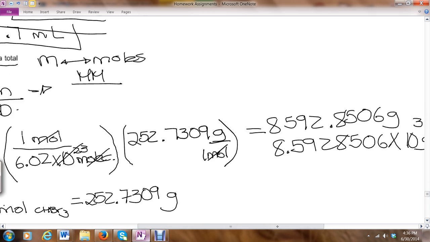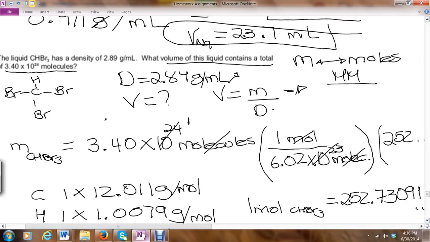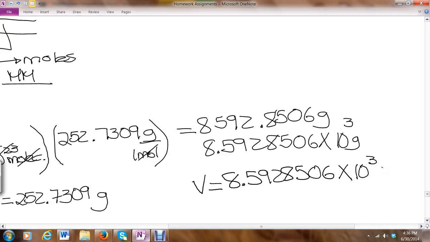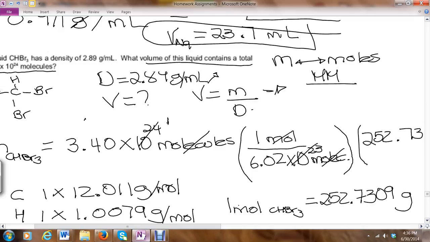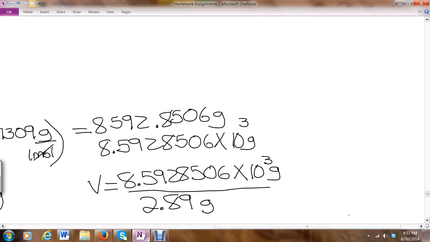So what would be the volume? Okay, we know that the density given here is 2.89 grams over milliliter. So the volume would be equal to the mass, 8.5928506 by 10 to the third grams divided by 2.89 grams over milliliter. Grams over milliliter goes on top because it's on the bottom.